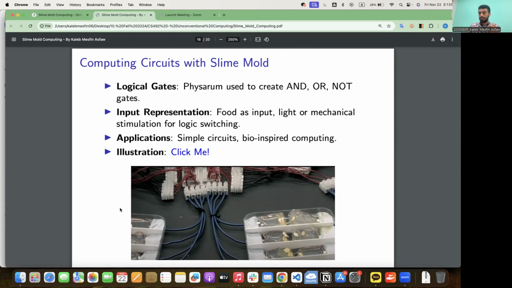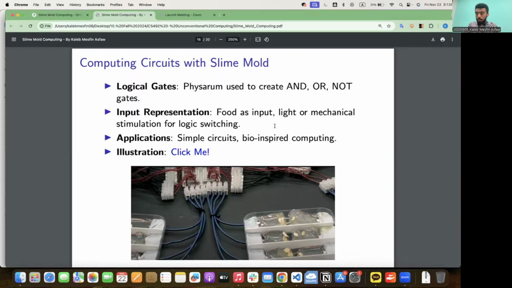Okay, now let's go to a different application of slime mold, which is computing circuits or logic gates using slime mold. Physarum is used to create circuits like logic gates, the fundamentals of circuits: AND gate, OR gate, NOT gate, and so on.